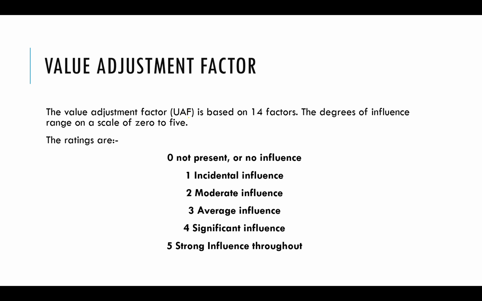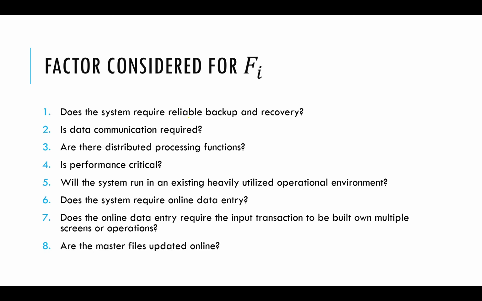So CAF is based on 14 general system characteristics. You don't have to remember the 14 factors. You simply need to know that there are 14 factors. If you want, you can note them down, but they are not coming in the exam.